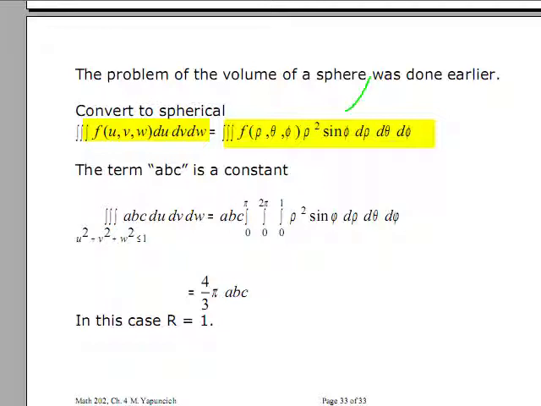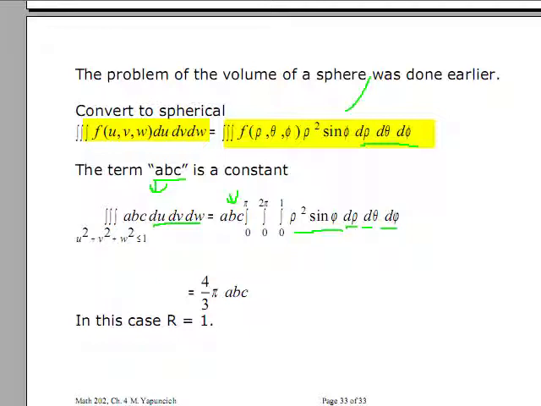That has to go into the new equation, followed by d rho, d theta, d phi. The abc is just a constant, so I can write it on the outside, and then I will just have to change du dv dw into rho squared sine phi, d rho, d theta, d phi.